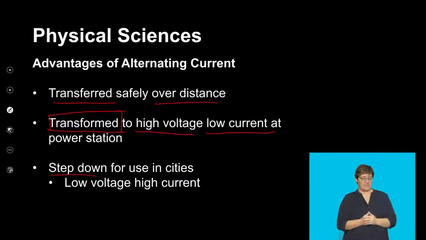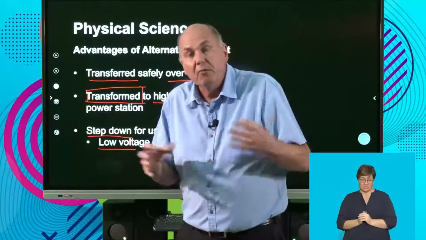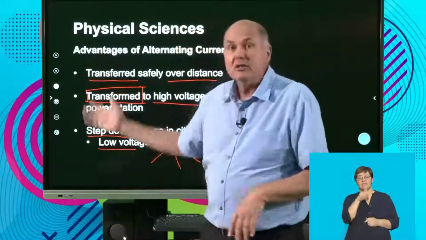So in a city, we have a step down transformer, and we use a lower voltage and a high current that gets divided among each of the houses that it's going to. And so we recognize nobody's going to get hurt because at the individual supplies, the endpoints, the current and the voltage are controlled. And so these are the advantages.